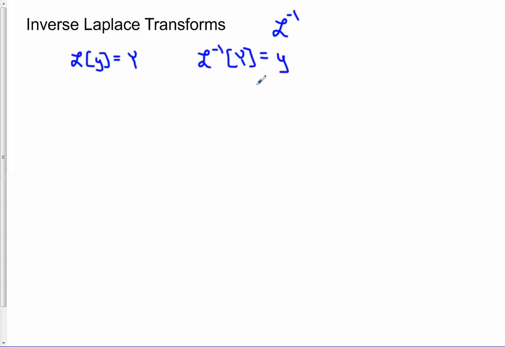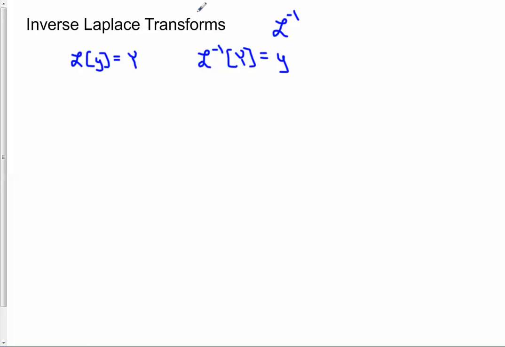Okay, so it's just like sine and inverse sine, right? They undo each other. Derivative and antiderivative, that kind of thing. In fact, that's more of an apt analogy because derivative and antiderivative go between functions, and Laplace transforms and inverse Laplace transforms go between functions.